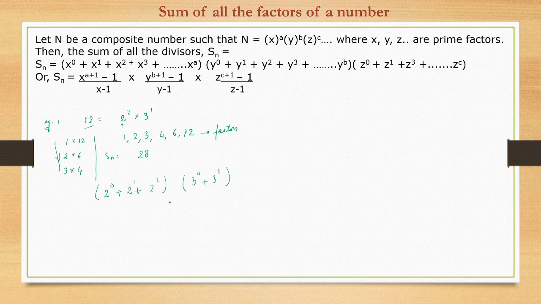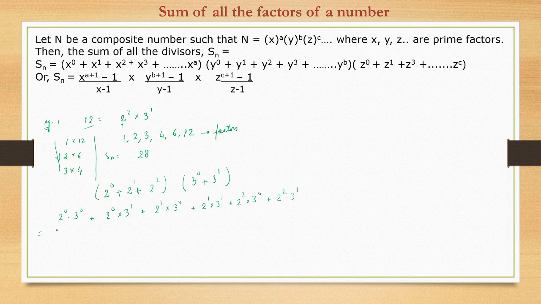Now, if we multiply this, what do we get? 2 raised to power 0 into 3 raised to power 0 plus 2 raised to power 0 into 3 raised to power 1 plus 2 raised to power 1 into 3 raised to power 0 plus 2 raised to power 1 into 3 raised to power 1 plus 2 raised to power 2 into 3 raised to power 0 plus 2 raised to power 2 into 3 raised to power 1.